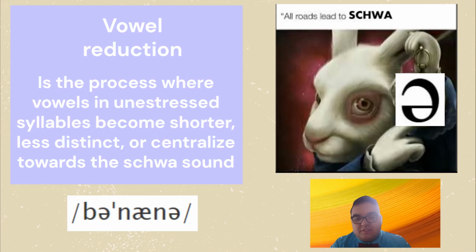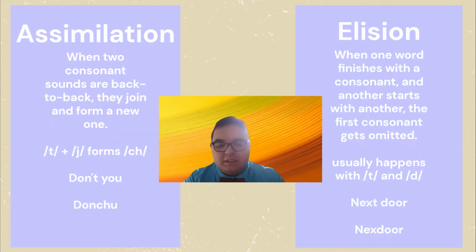So yeah, this can happen with many vowels. In this case, the b and the n of banana. The next one will be assimilation, when two consonants are back to back, and therefore they join and make a new one. For example, when you say the D and the Y sound, it forms a J sound, like instead of saying don't you know, if you say it fast, you say donchu know.